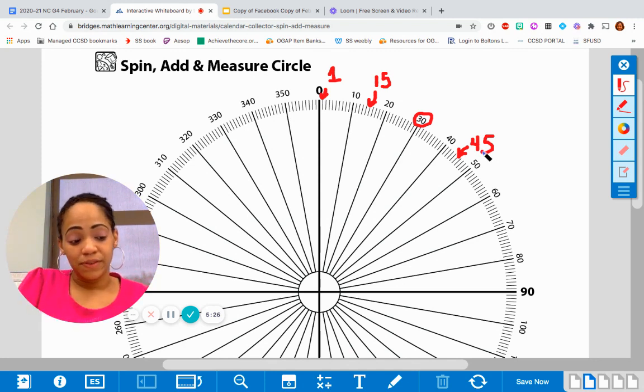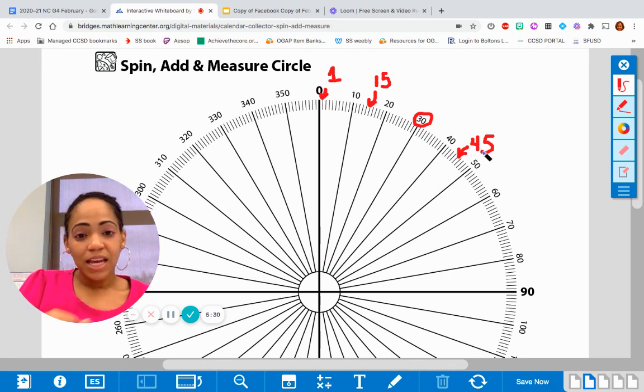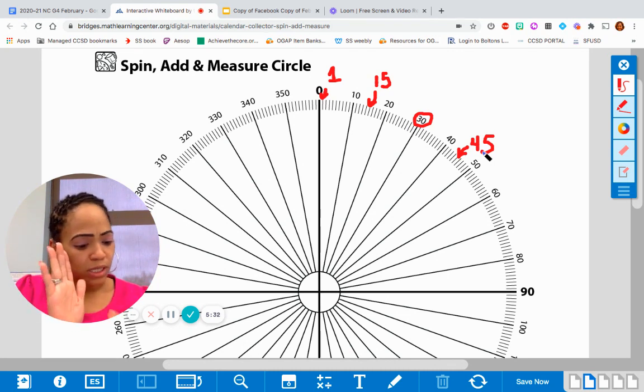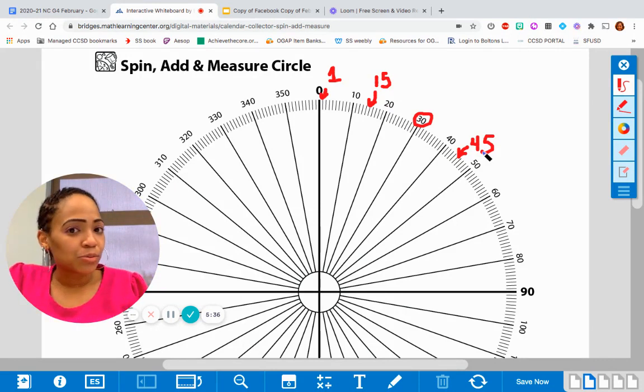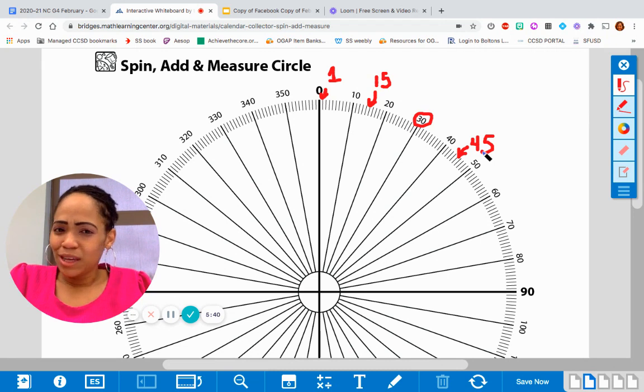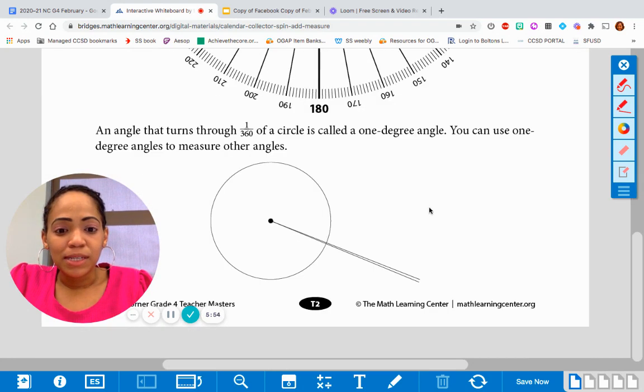So we're going to be collecting one of these 4 different types of angles today. Now, 1 degree is just a single degree. It's the basic unit of measurement for angles. Now, can you think about what it would look like to turn 1 degree? Here's what it would look like. Let me show you. Let me zoom in here.